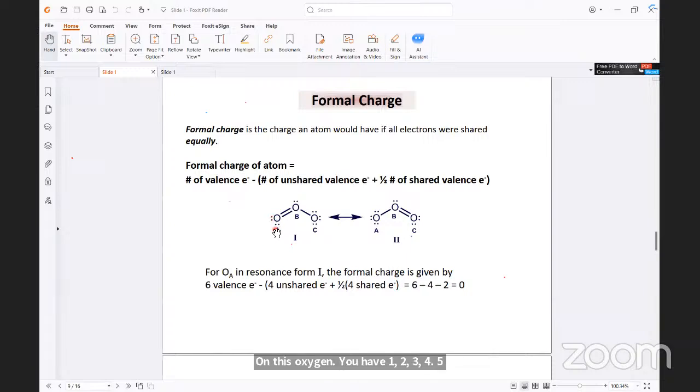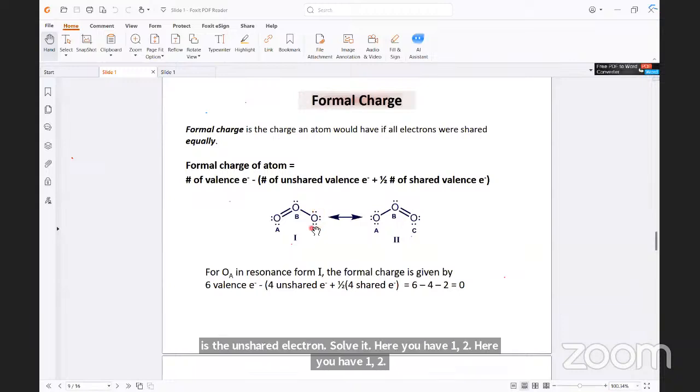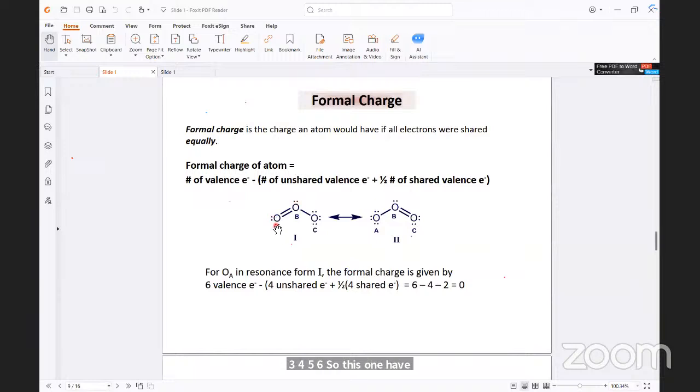Oxygen has 6 valence electrons, minus the number of unshared electrons. For this one, you have 1, 2, 3, 4 unshared electrons. Here, you have 2. Here, you have 6. So this one has 6, this one has 2, and this one has 4. But we are looking at A for now.